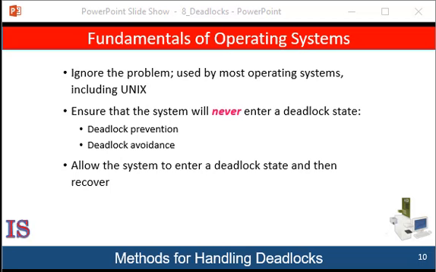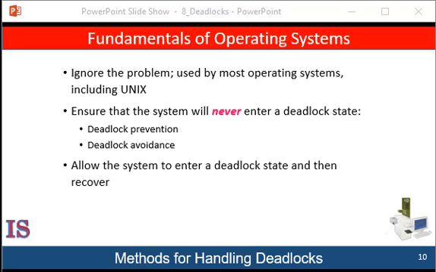In this environment, the system can provide an algorithm that examines the state of the system to determine whether a deadlock has occurred, and an algorithm to recover from the deadlock. In the absence of algorithms to detect and recover from deadlocks, we may arrive at a situation in which the system is in a deadlock state and has no way of recognizing what has happened.